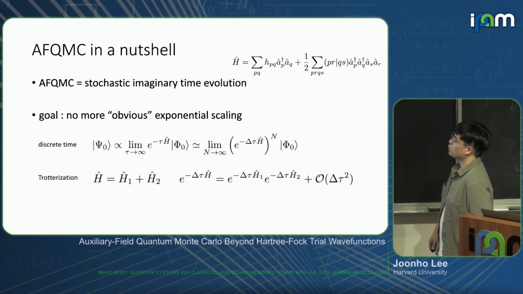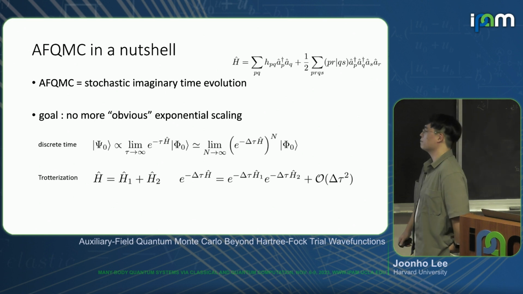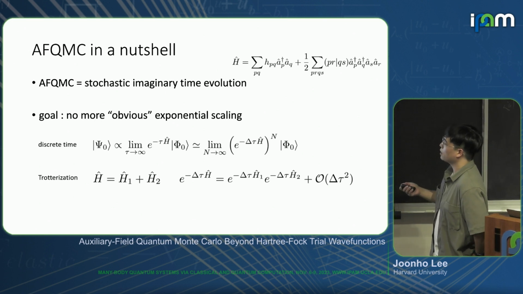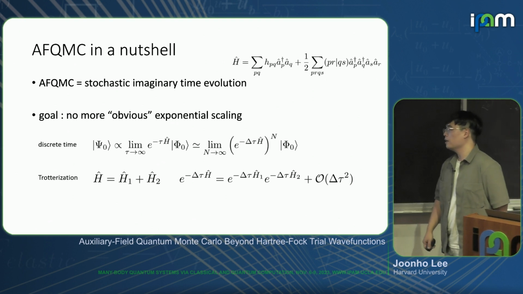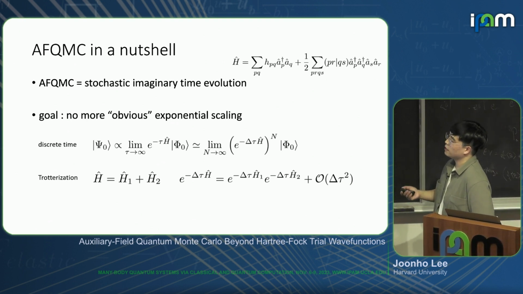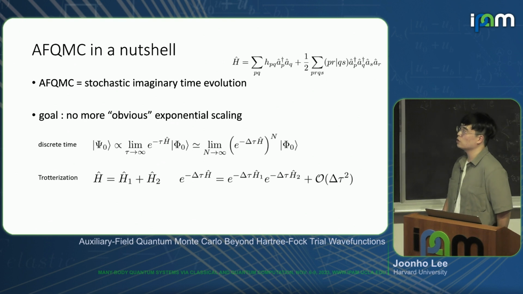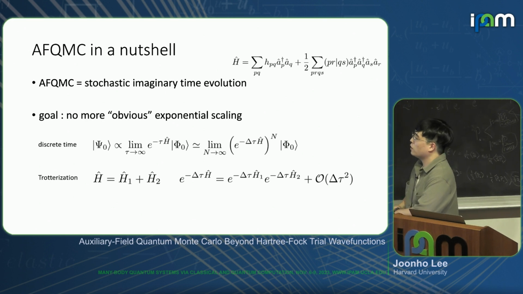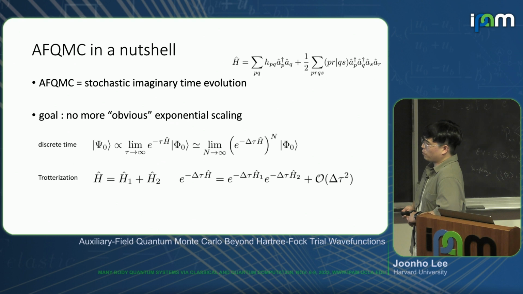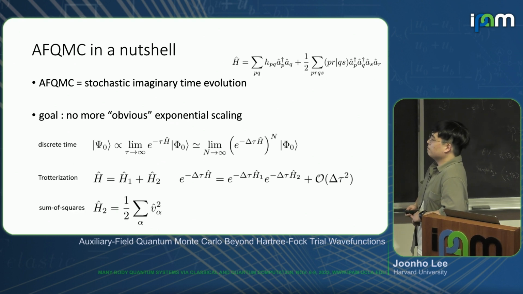We do use trotterization, which is just breaking up this H1 and H2 from e to the minus delta tau h. And this error is not usually an issue because the statistical error we have is usually greater than delta tau squared, especially with the tau value I said we use, which is 0.005.